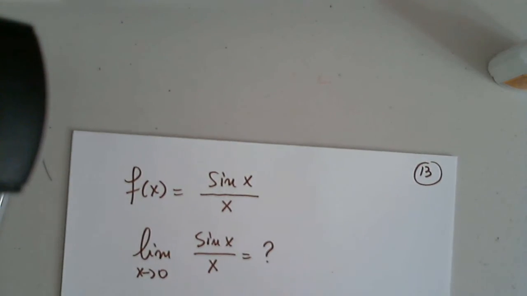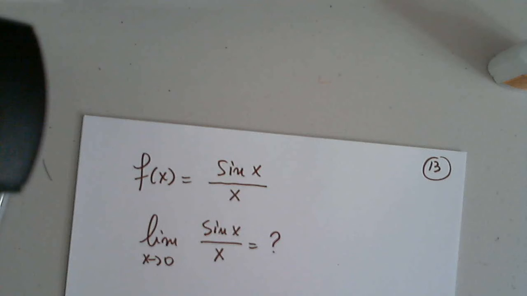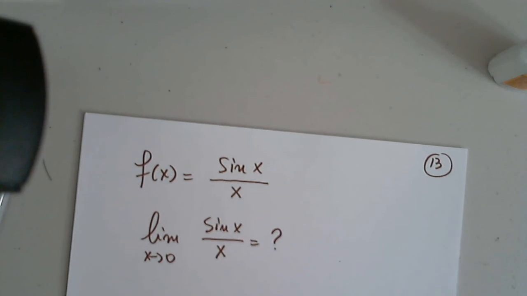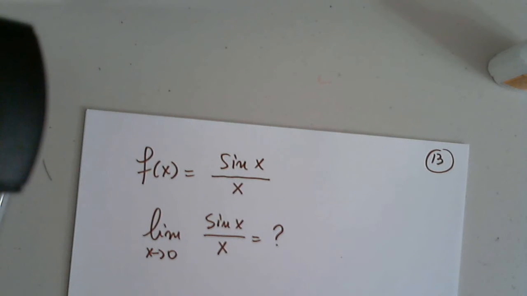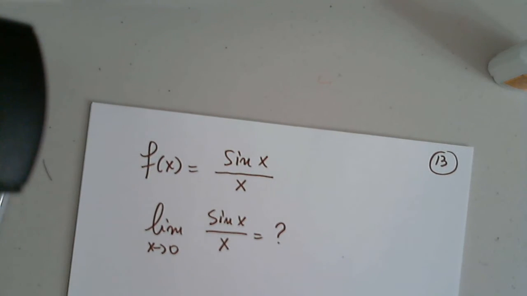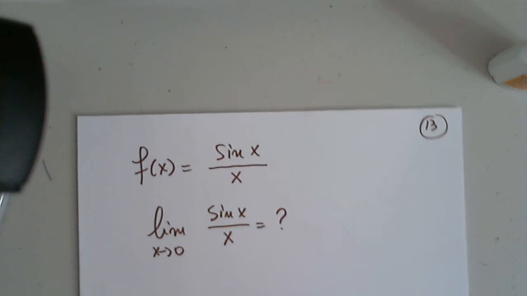So I'm going to share my screen because I don't know what this means. Of course, it's 0 over 0, so it's an indeterminate case. Let's go to the calculator. In y equals, I'm going to clear everything else, and I will just put in sine x, close the parenthesis, and divide by x. And I'm only interested to see this function around 0.